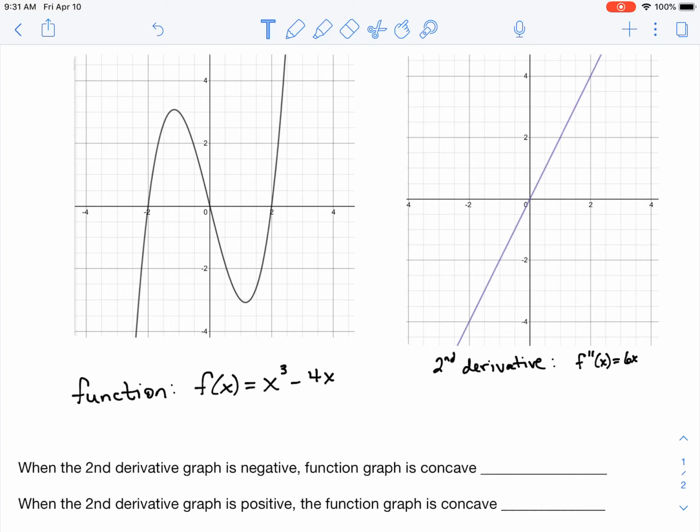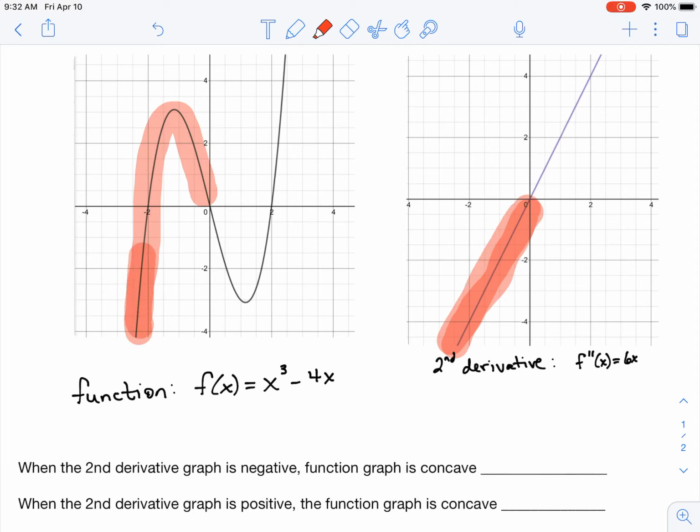Now what the second derivative helps you figure out is the concavity of the function. When the second derivative is negative, below the x-axis, notice the function is concave down. So when the second derivative is negative, the function is concave down.